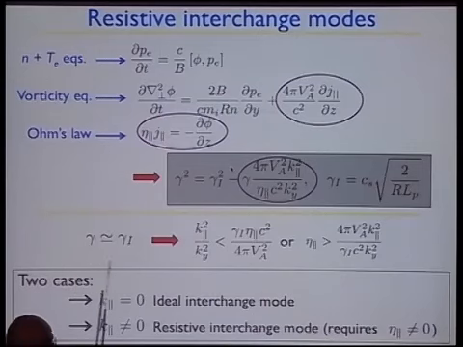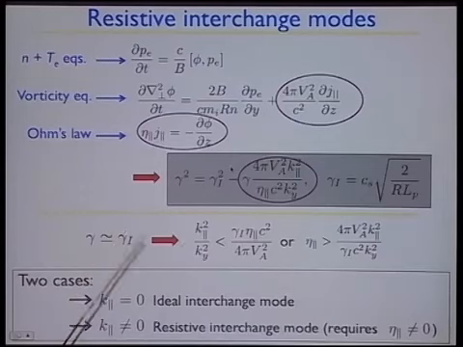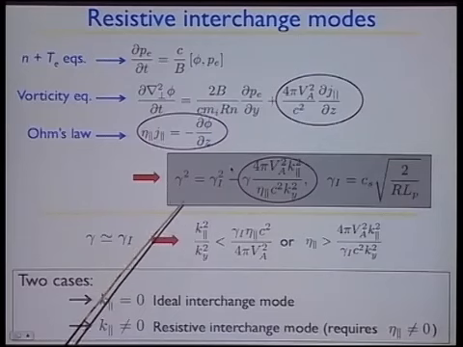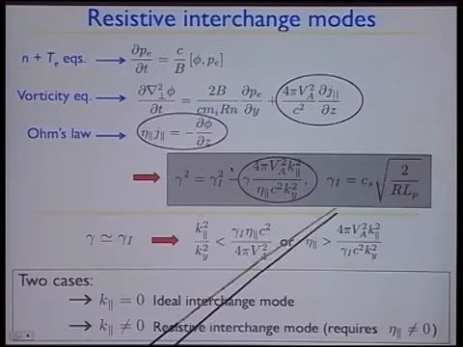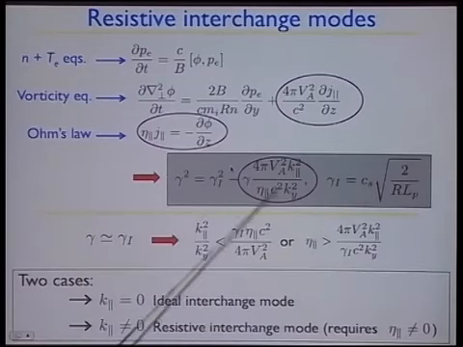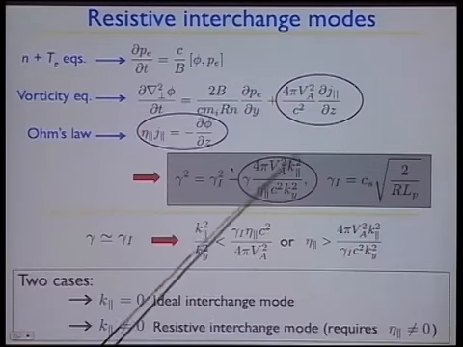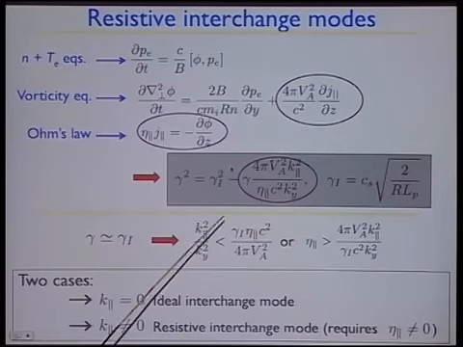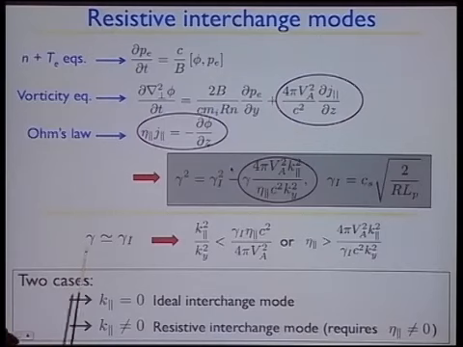What we get is that there is still an instability in this system whose growth rate is equal to the ideal growth rate that we have seen before, but corrected by k-parallel terms. Now, this term actually decreases the growth rate with respect to the ideal interchange growth rate.